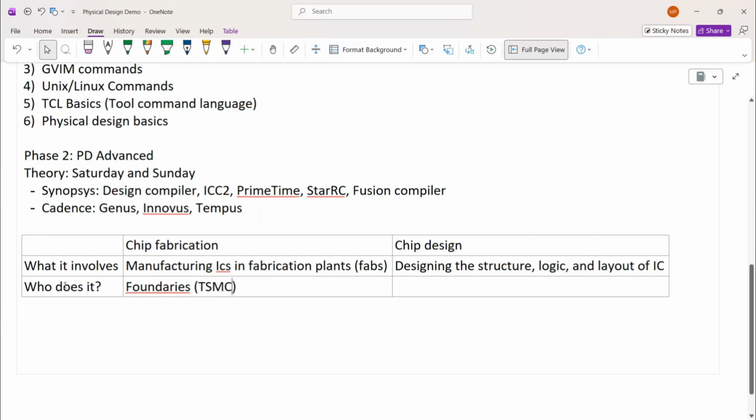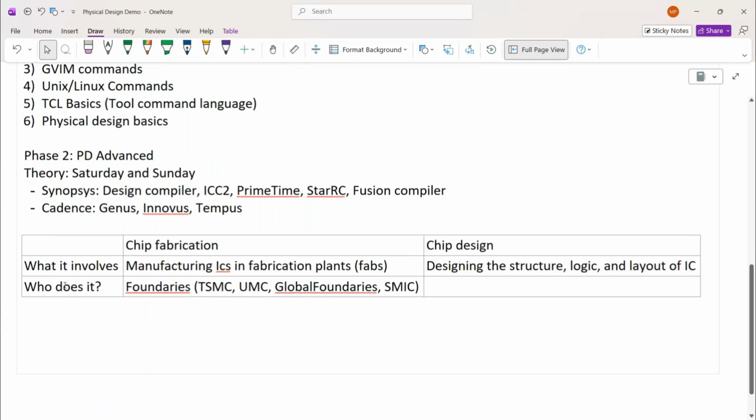It's Taiwan Semiconductor. That's why VLSI people go to Taiwan a lot. TSMC is one of the biggest foundries, along with UMC, Global Foundries, and SMIC. So these are the foundries.